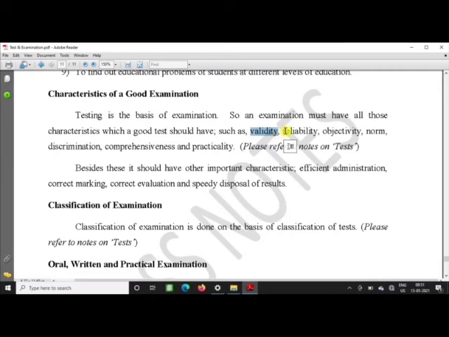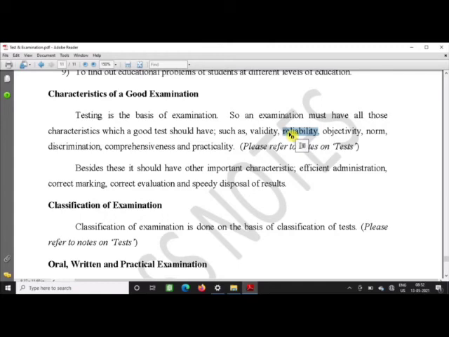Okay, it has to be valid. Reliability is, it has to be reliable. Okay, it has to be trustworthy, it has to perform consistently throughout the time. That means when you are constructing questions of class 10, you should take questions from class 10 only of that particular subject.